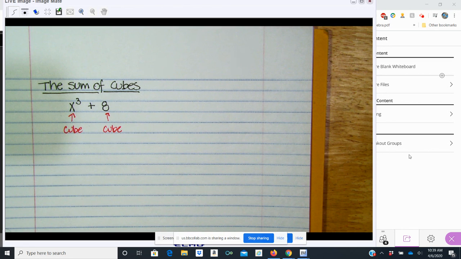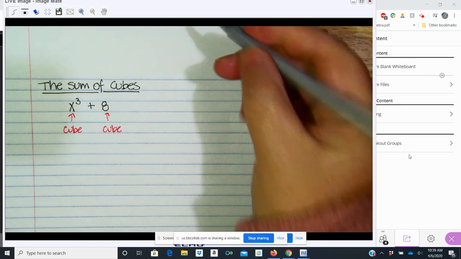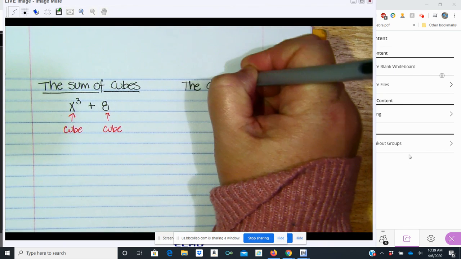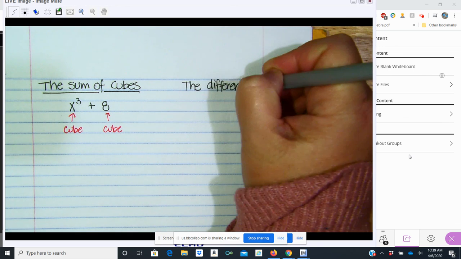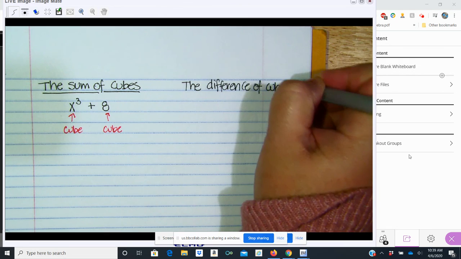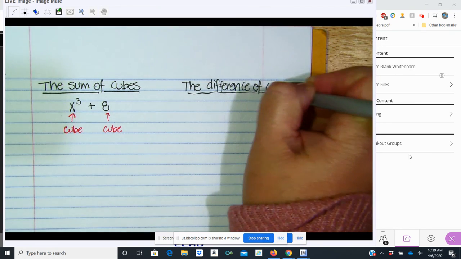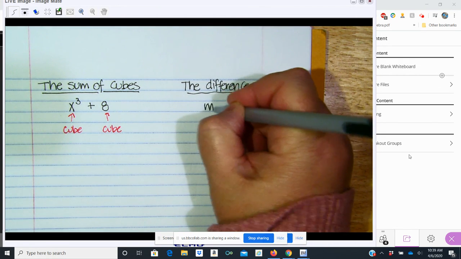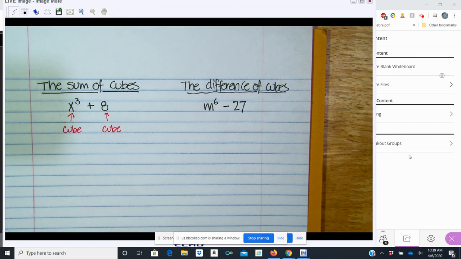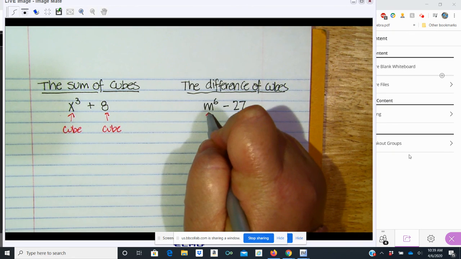This is simply the sum of two cubes. The difference of cubes is the same, except we're not adding them, we're subtracting them.